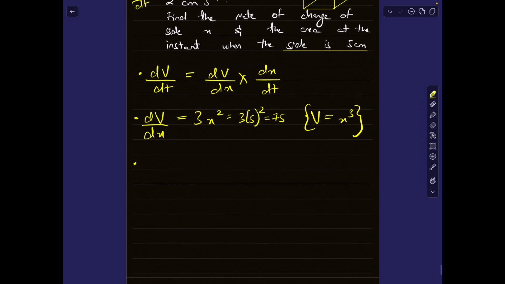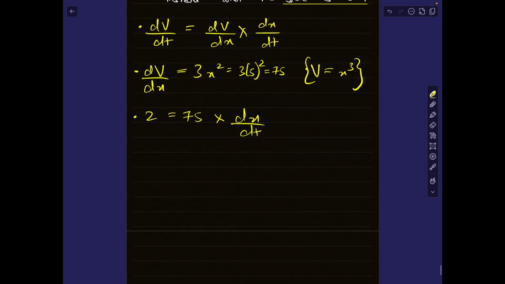We'll substitute the rate of change of volume. Then dV over dx is 75. And this is what we need to find. Rearranging the equation, we have dx over dt is equals to 2 into 1 over 75, or just 2 over 75.